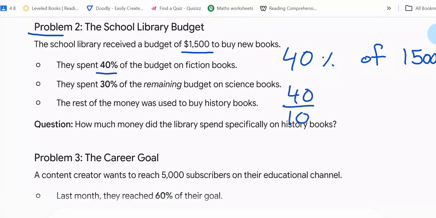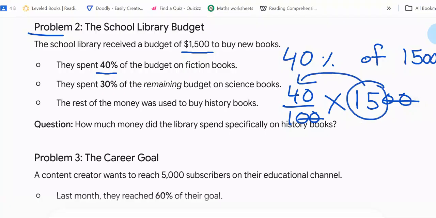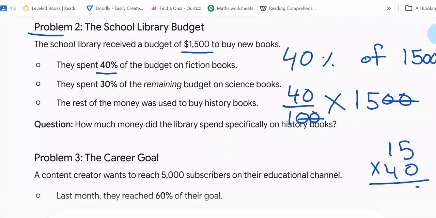Percentage sign will be changed into a fraction line over 100, multiply by 1500. 2 zeros will cut these 2 zeros, and now we have to multiply 15 by 40. So let's do it here. 15 times 40. 0, 0, and times 4, 5 times 20. 4, 1 time 4, 5, 6.